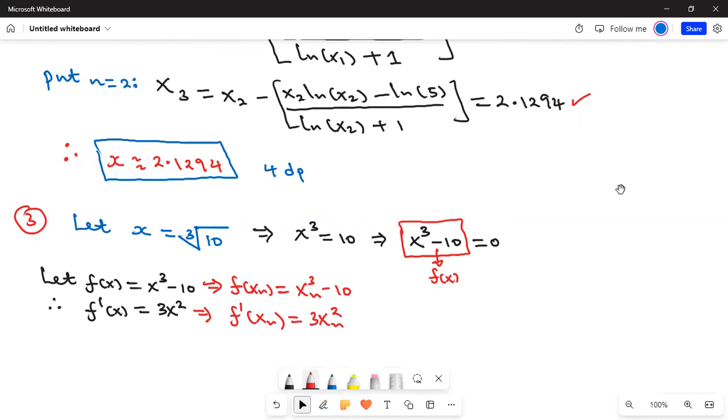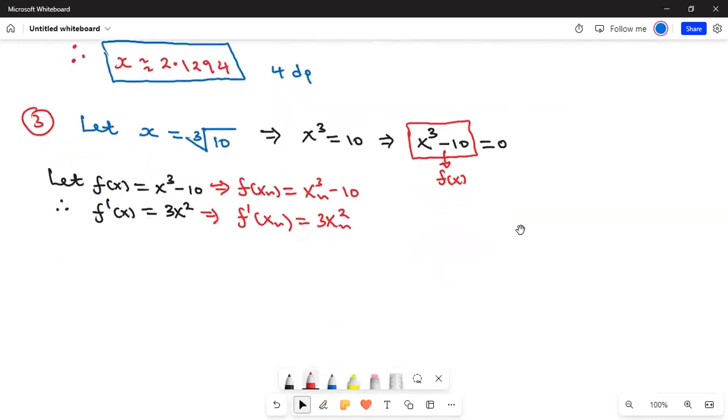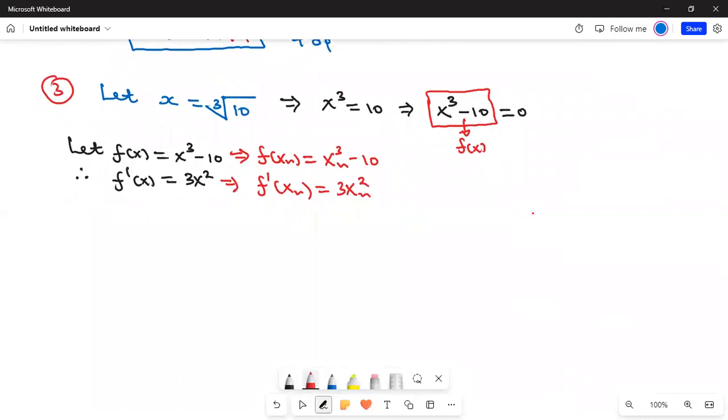And so the iterative formula is that xn plus 1 is equal to xn minus f of xn, which is xn cubed minus 10, divided by f prime of xn, that is 3xn squared.